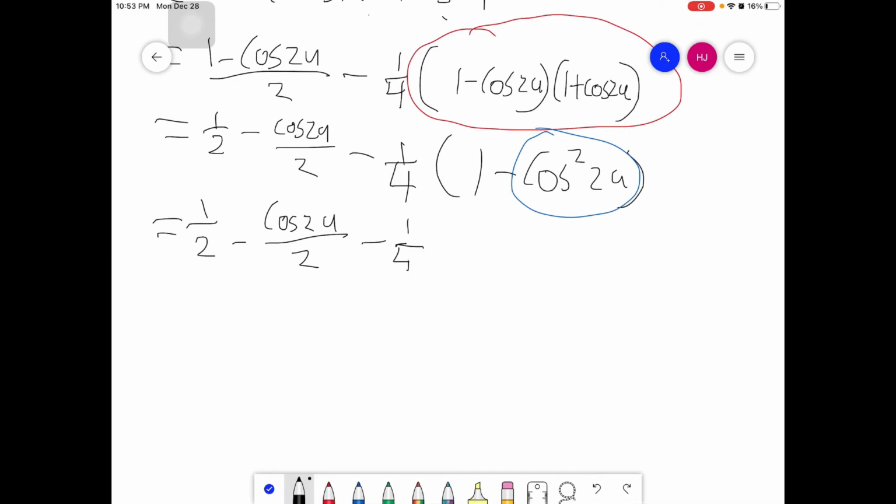So that would be 1/4 plus 1/4 of whatever this thing is, which is 1 plus cosine 4u over 2.